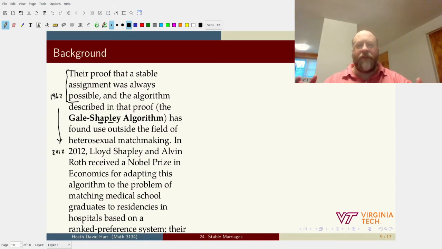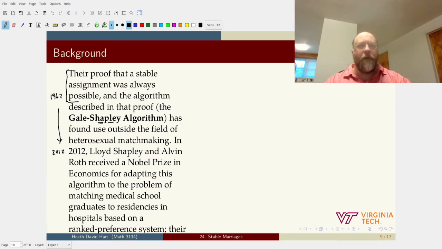So that changes the circumstances, in that the marriages don't have to be 1-to-1. We can have a medical school that accepts multiple graduates. And we don't have to have exactly the same number. We could have more graduates than spaces available, or more spaces available than graduates.